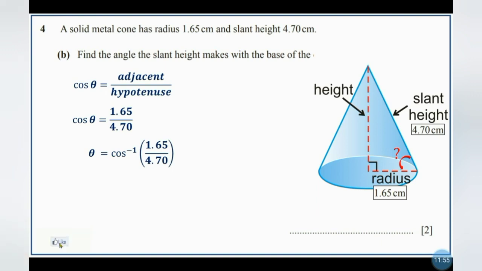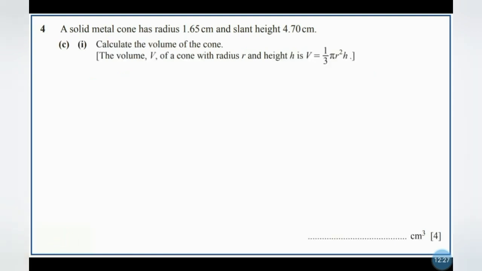So what you need to do is just to encode this in your calculator. You will get 69.4476025. Of course you have to write your answer in 1 decimal place because we are dealing with angle measurements. So your answer should be 69.4 degrees.